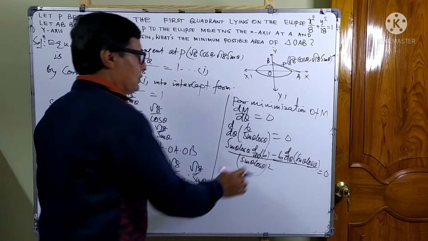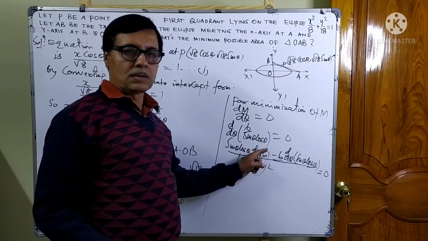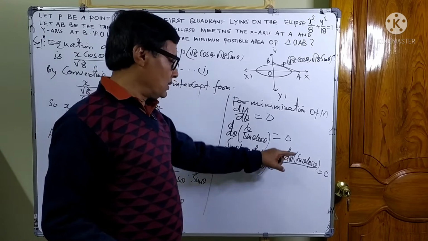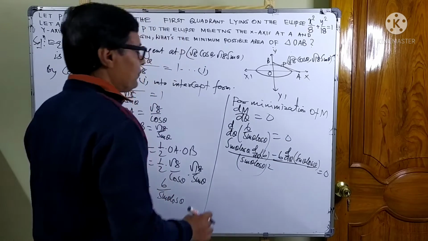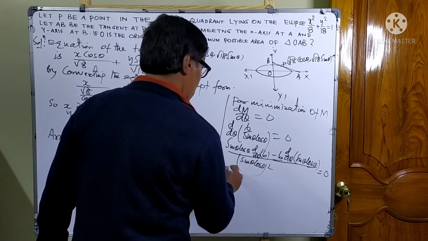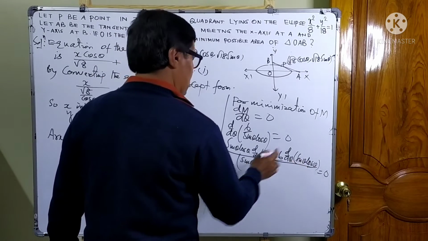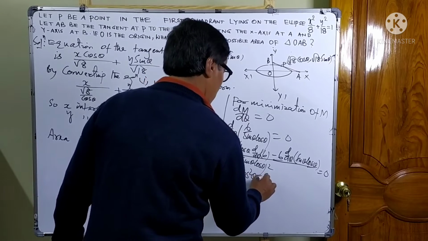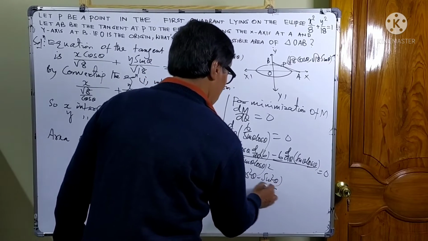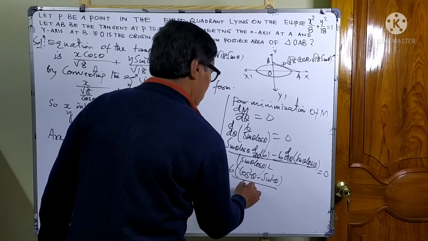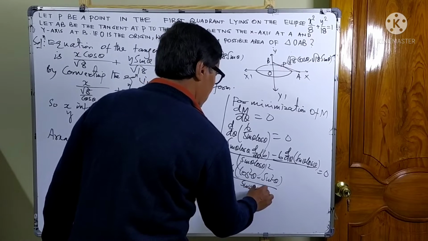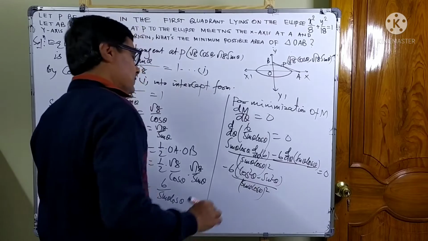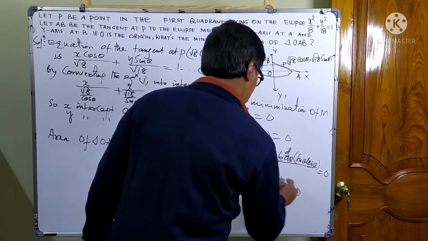The derivative of 6 is 0 since it is constant, so only this term remains. So minus 6, times the derivative of this, which is cos square theta minus sin square theta, over sin theta cos theta whole square, is equal to 0.